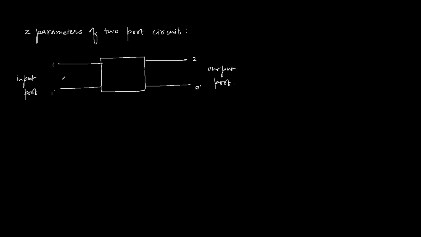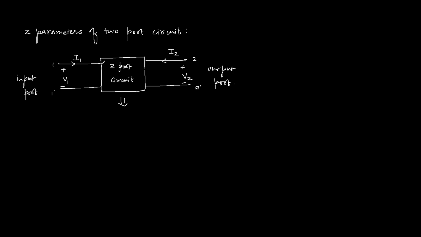Since we have two ports, we can apply excitation and take the response from these two ports. And in this two-port circuit, voltage at port 1 is V1, current at port 1 is I1, voltage at port 2 is V2, current at port 2 is I2.